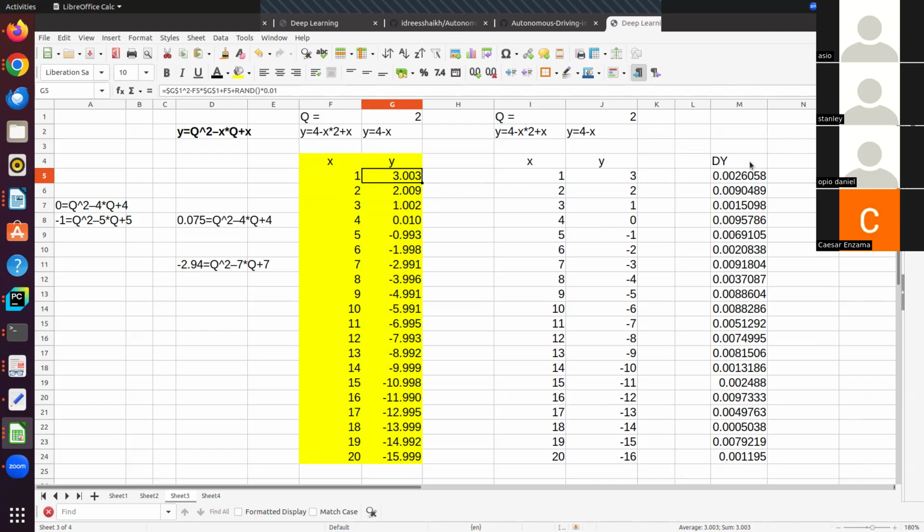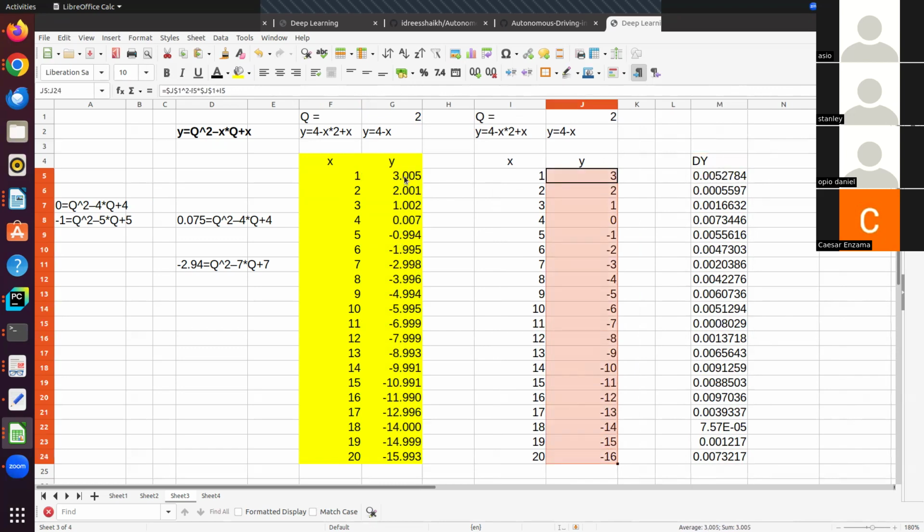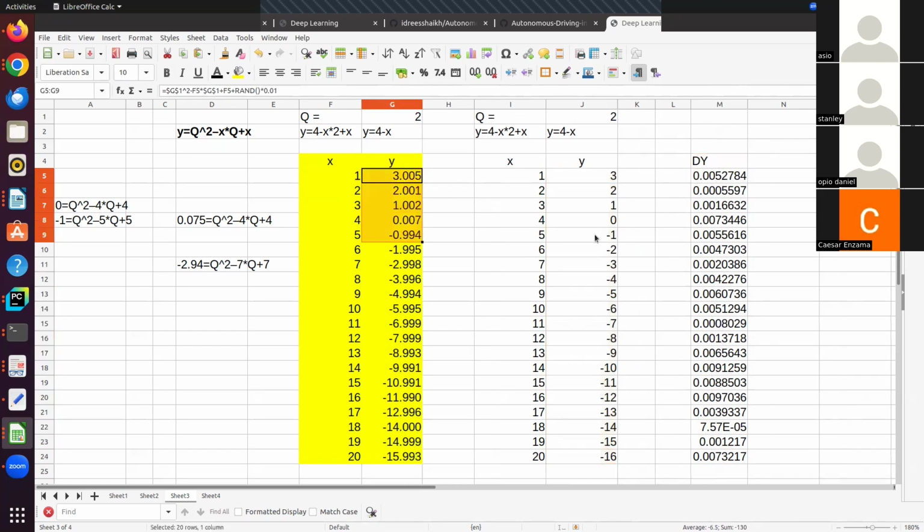But that's okay. Or I could give another example, which will have negative, and this one could be negative and positive in real life. But let's leave it. We're getting the difference between this one and this one, column-wise. And pay attention, it's a function of this Q.